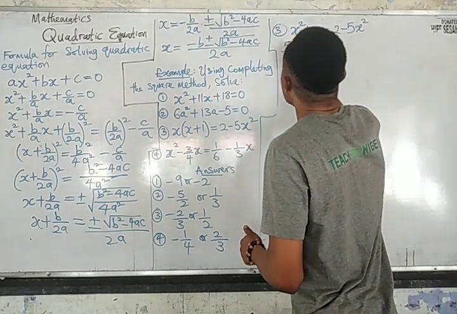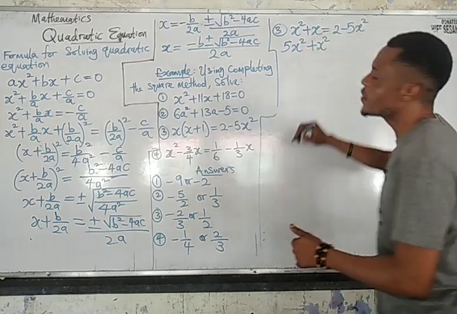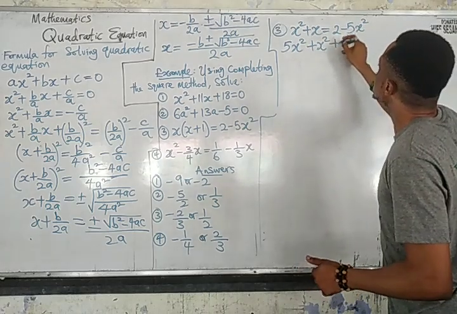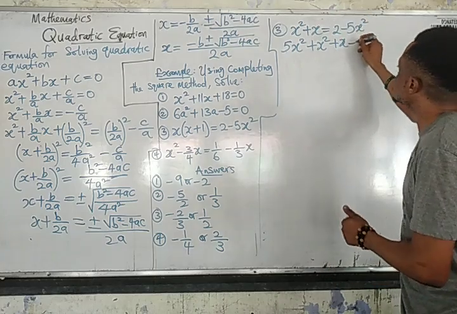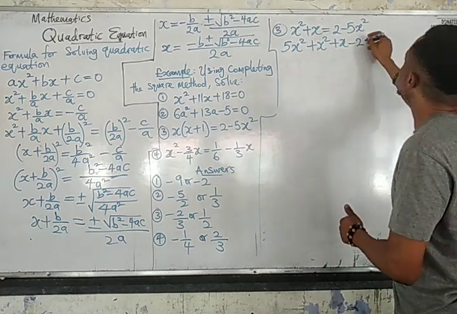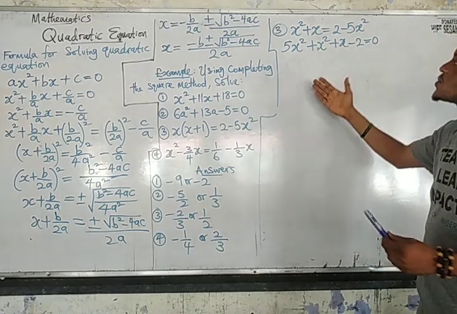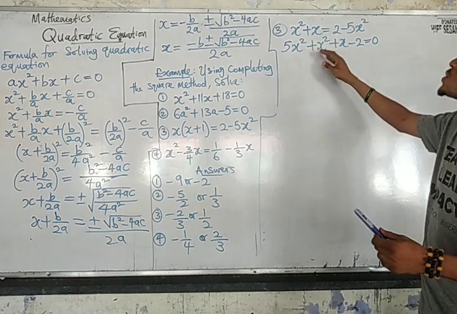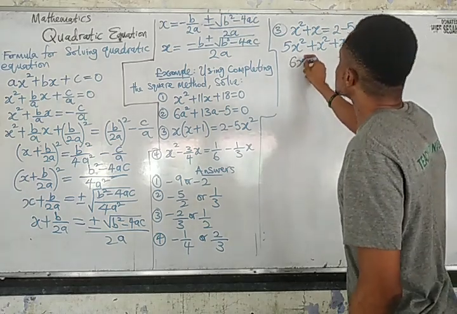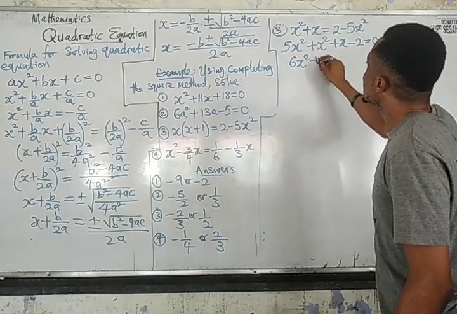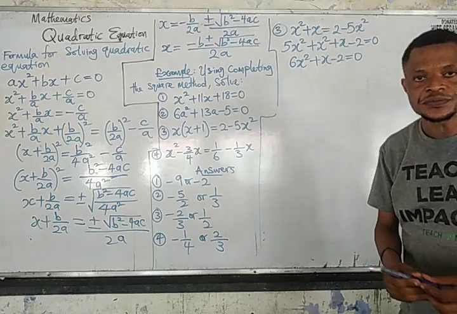So we have 5x squared. Then we have an x squared here already. Then the 2 coming to the right side, the sign will change to become minus 2, equal to 0. This is x squared, this is x squared. We have 5 of x squared plus 1x squared. It gives us 6x squared. 6x squared plus x, then minus 2 equal to 0.